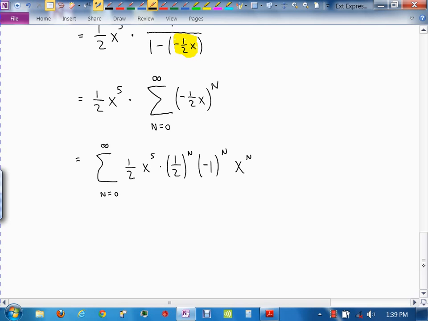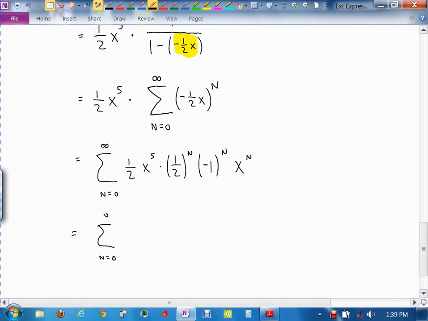That's right. Now I'm going to put the x to the fifth and x to the n together as x to the 5 plus n or n plus 5. Remember, if you have the same base, you add exponents, right? What else can I put together?